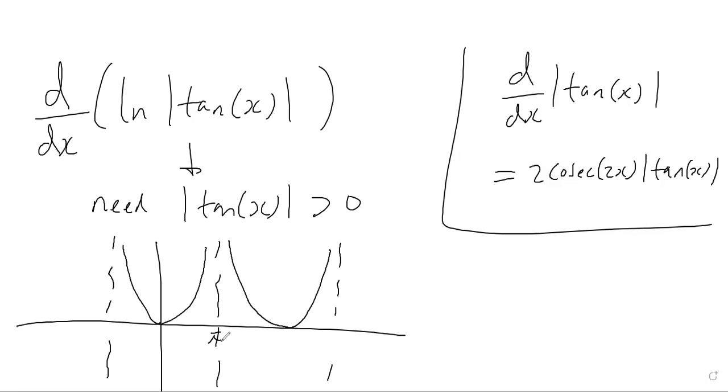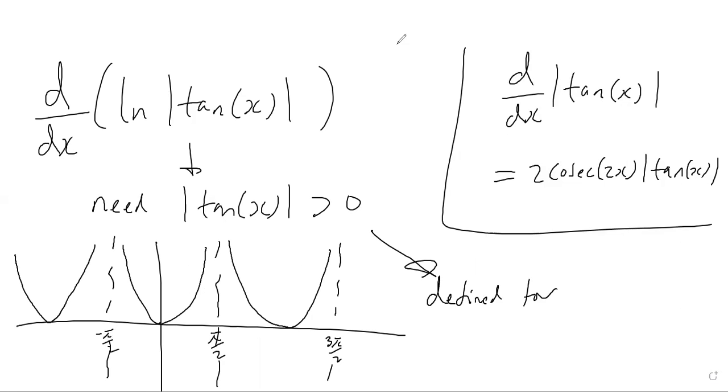You get these asymptotes at odd multiples of pi over 2, so 3 pi over 2 there, minus pi over 2 there, and so on. So the x values for which this modulus of tan graph is greater than 0 are all the x values apart from multiples of pi over 2.